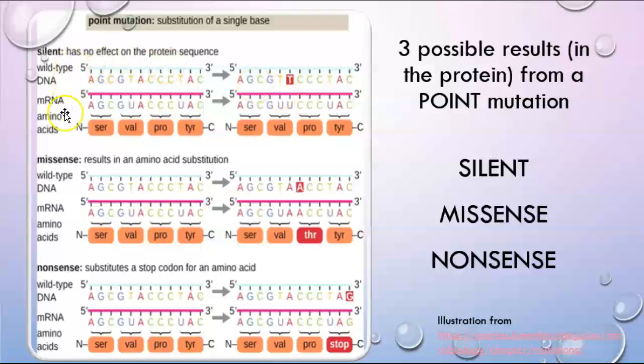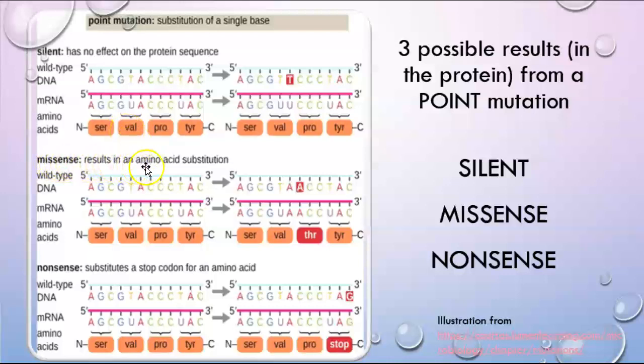So a silent error would be that type of situation where instead of GTA, you have GTT, but both GUA and GUU on the mRNA sequence code for valine. So yes, there's an error, but it's silent. You don't notice it in the protein formation.